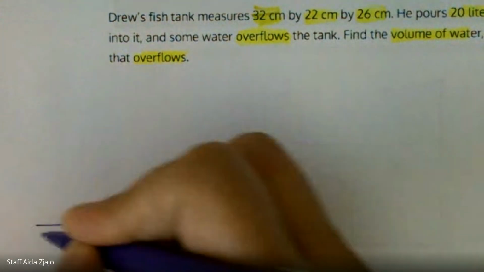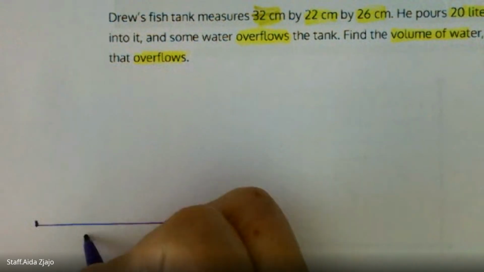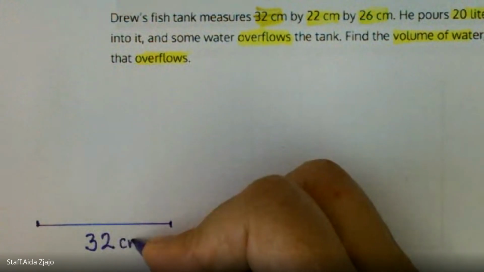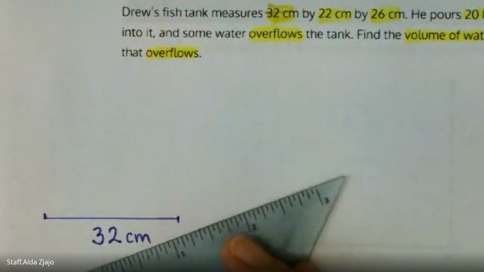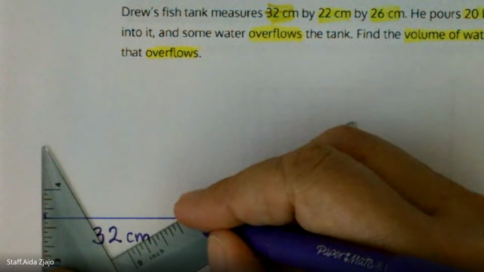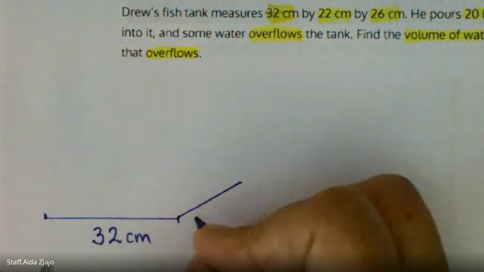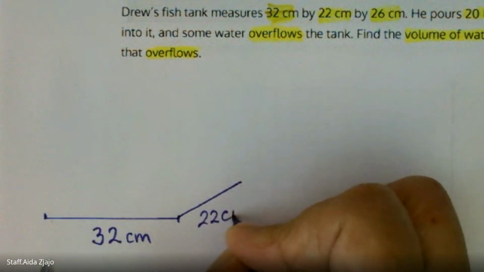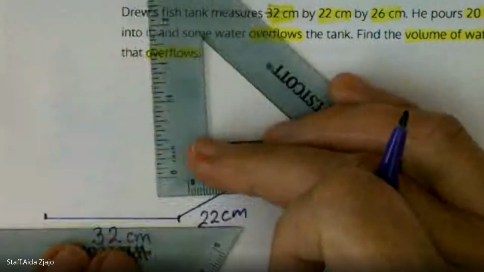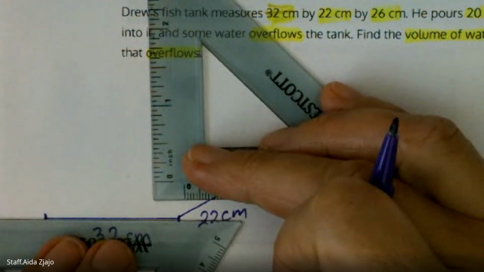If this is 32 centimeters, and then the width was 22, and the height was about 26.